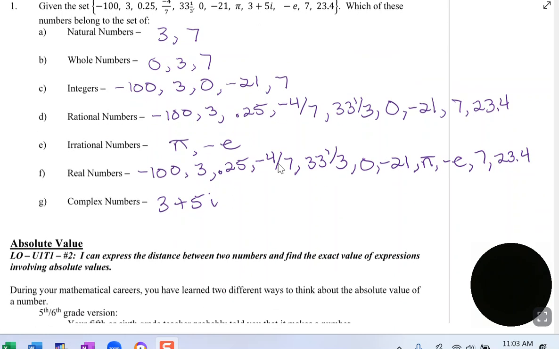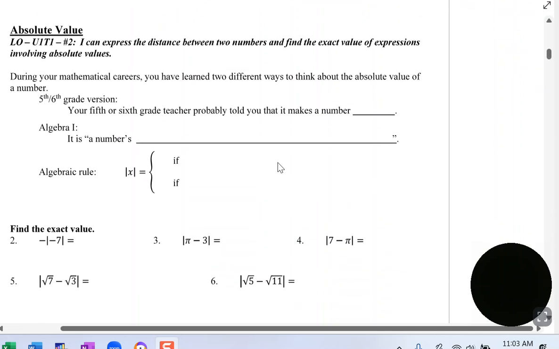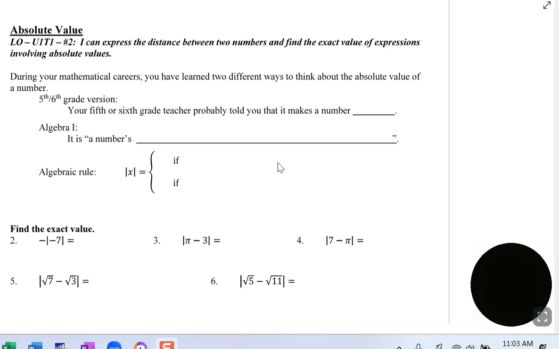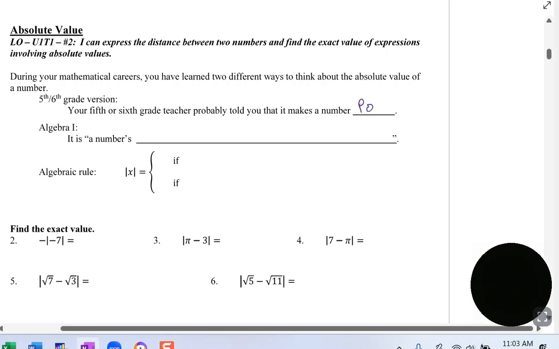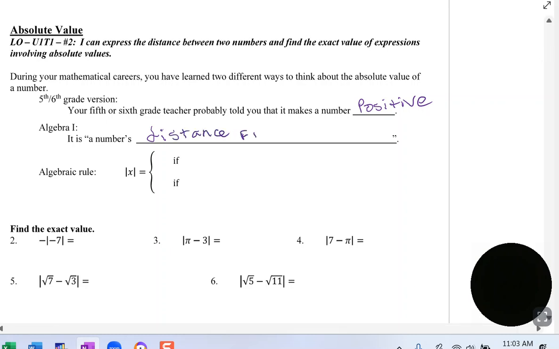All right, the next topic is absolute value. Remember, absolute value in the 5th, 6th grade version, you probably heard your teacher say that it makes a number positive. And in Algebra 1, it's a number's distance from 0.